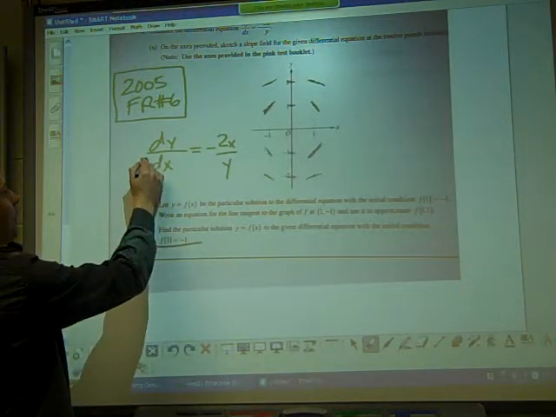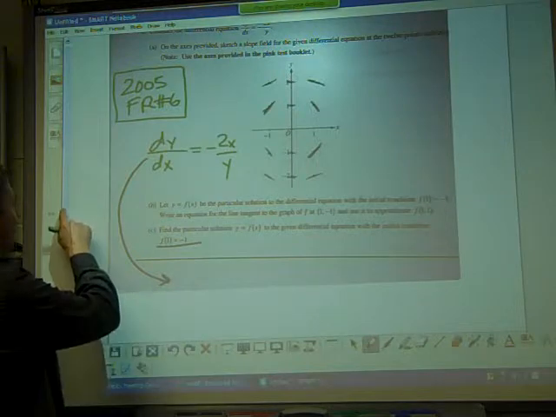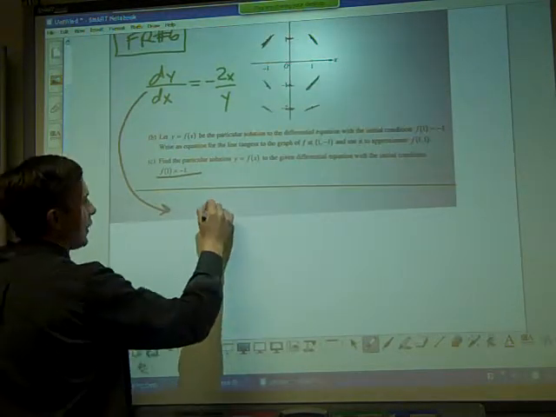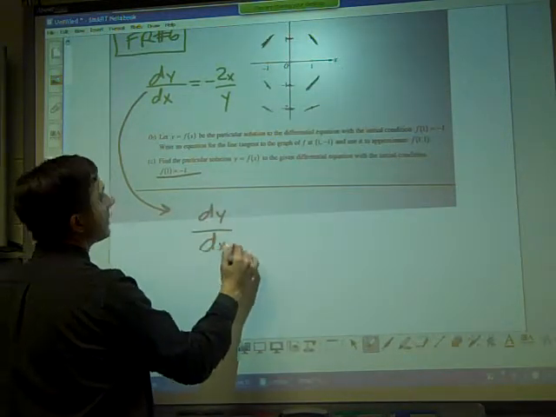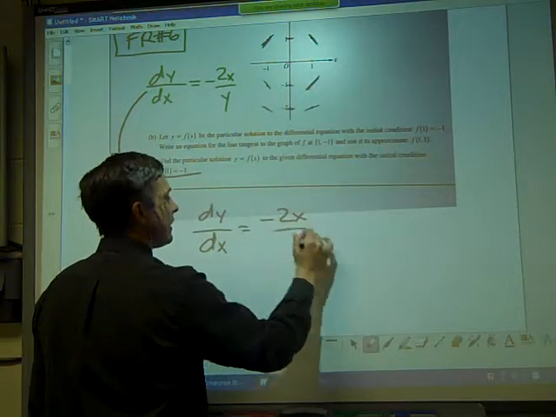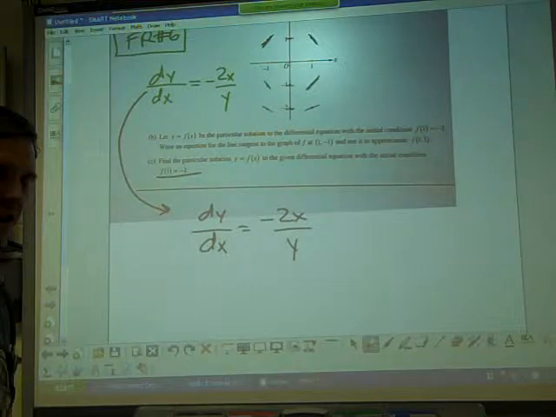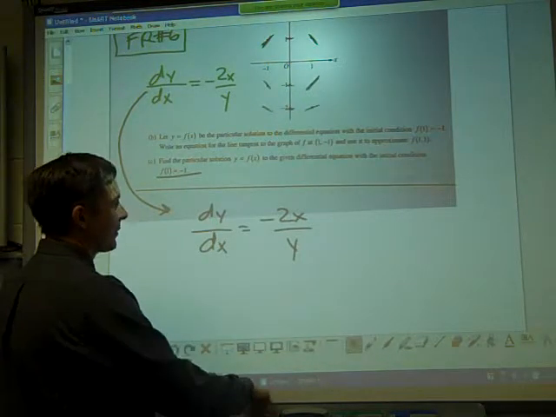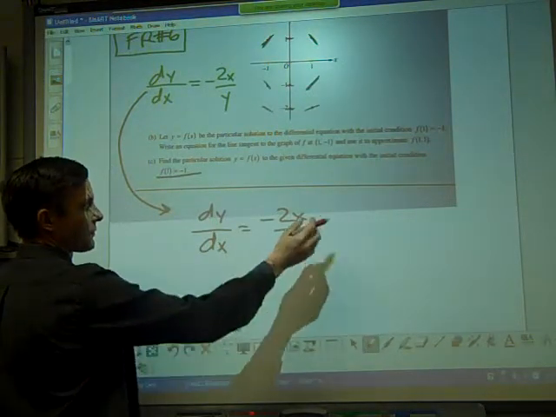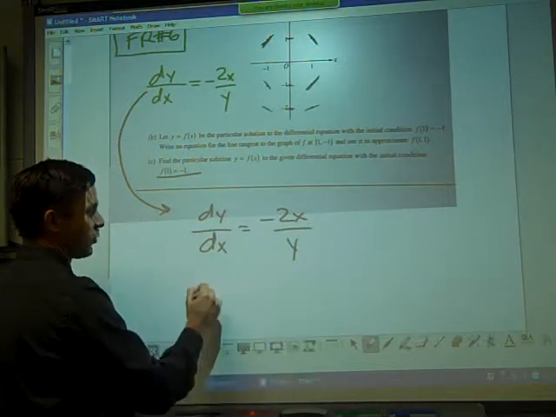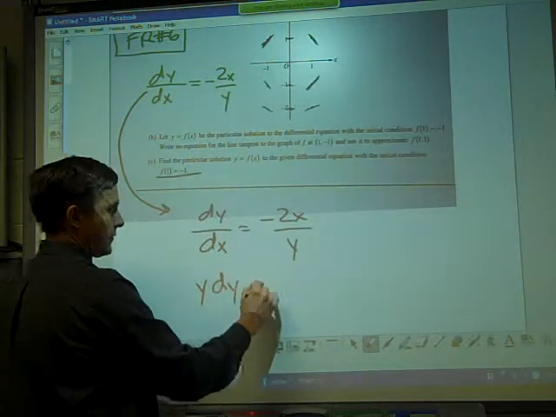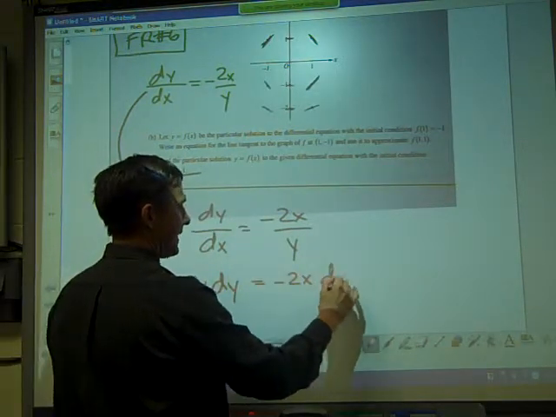And again, number one thing, you recognize immediately that this has two parts because the derivative has two variables. You must separate variables. And that is going to be a 2-point step on the AP every time. So again, I'm going to multiply by y dx on both sides and get this.